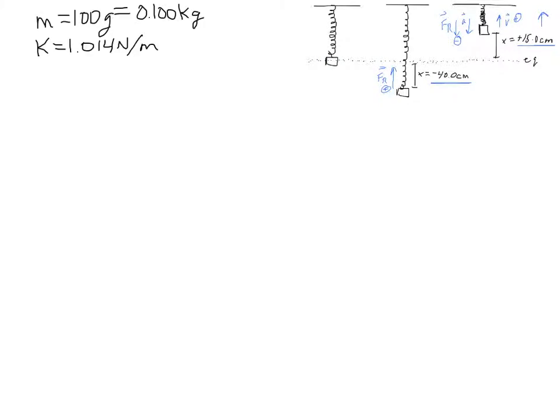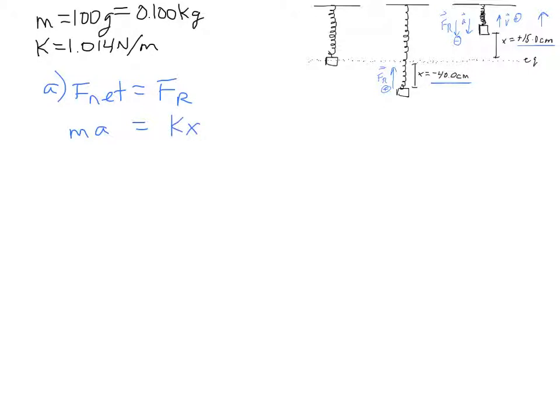What we know about this question, I've written up here at the top: we have 0.1 kilograms and our spring constant, which is 1.014 newtons per meter. For part A, we know that our F net is the exact same thing as our FR, or our restoring force. Because F equals ma, we can say that our F net is equal to ma, and we can say that our FR is equal to kx.